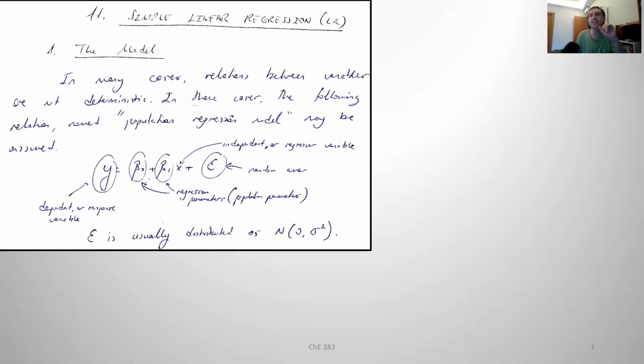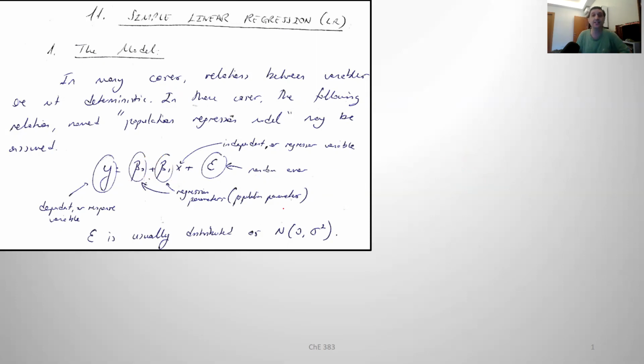Depending on the research area, a slightly different terminology may be used. Anyway, the relation will be confined to a linear relation in terms of the parameters. So we are not going to be dealing with, for instance, a regression model such as this one, because it's going to be non-linear with respect to parameters.